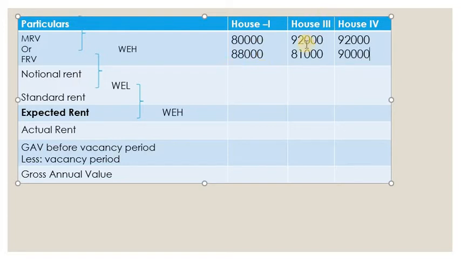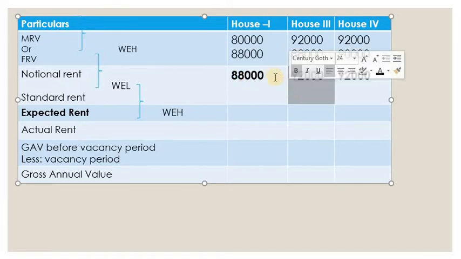So here it is 88,000. Don't confuse, this is related to house 3. Then notional rent is whichever is higher. So which is higher? Write down here 88,000. Then higher in this is 92,000. Higher in this is 92,000.